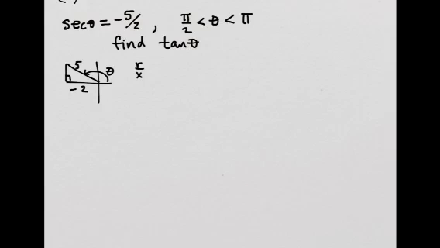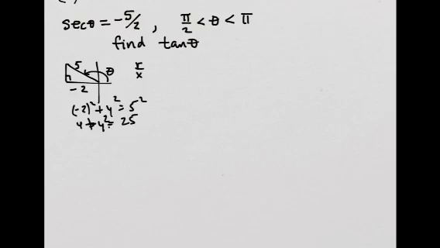Excuse my dog. So to find y, because I need the vertical distance so that I can find tangent, I use Pythagorean theorem. Now in this case, we're not going to add 5 squared and negative 2 squared because we're missing one of the legs. So negative 2 squared plus y squared equals 5 squared. 4 plus y squared equals 25.